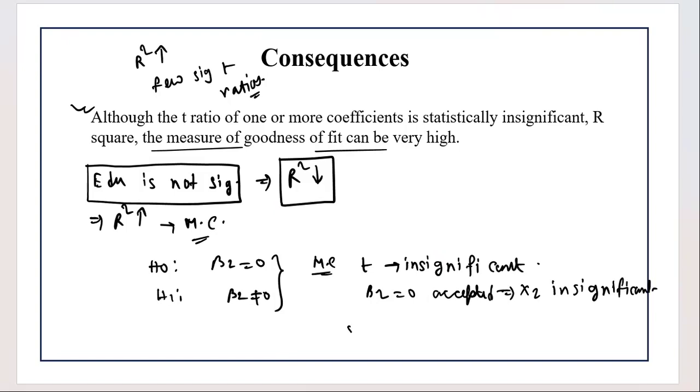But still, the R square of this model will be very high. R square will be very close to 1 basically, right? So the chosen variable is not explaining most of the variation and still the R square is very high. So this will be one of the severe consequences of multicollinearity.